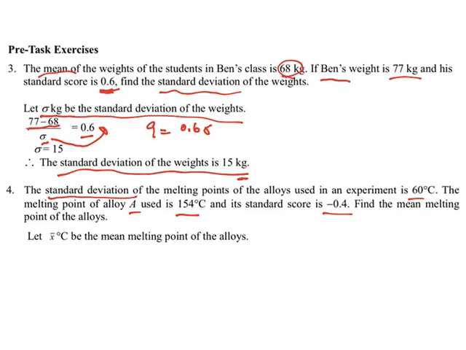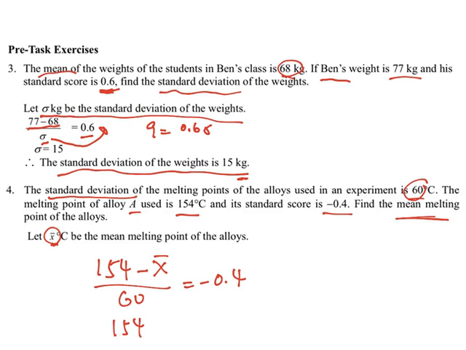So we need to find the mean. Let x bar be the mean. So the data 154 minus the mean, which we don't know, over the standard deviation 60, is equal to negative 0.4, the standard score.